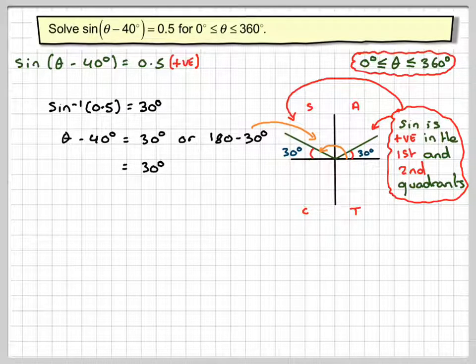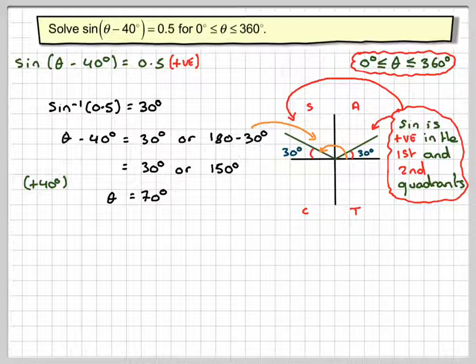So that's going to give theta minus 40 is equal to 30, and then 180 minus 30 is equal to 150. But that's theta minus 40. For theta, we will now need to add 40. So theta will be 30 plus 40, and then 150 plus 40, which gives me 190 degrees.